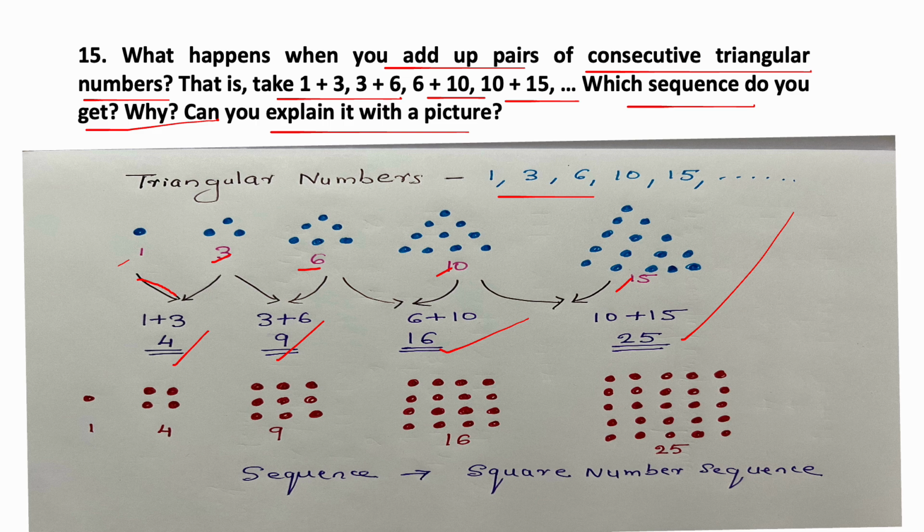You can represent this using pictures like this. See, 1, 4, 9, 16, 25. Which sequence did you get? We got the square number sequence. 1 square is 1, 2 square is 4, 3 square is 9, 4 square is 16, 5 square is 25. This is a square number sequence.